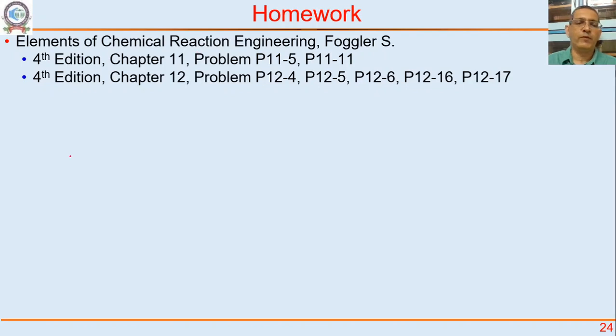If you are following Fogler's book, 4th edition, chapters 11 and 12: problems 11.5, 11.11, 12.4, 12.5, 12.6, 12.16, 12.17. These 7 problems you try on your own. If you solve on your own, that will reinforce your learning. You will be able to understand and comprehend all this material.